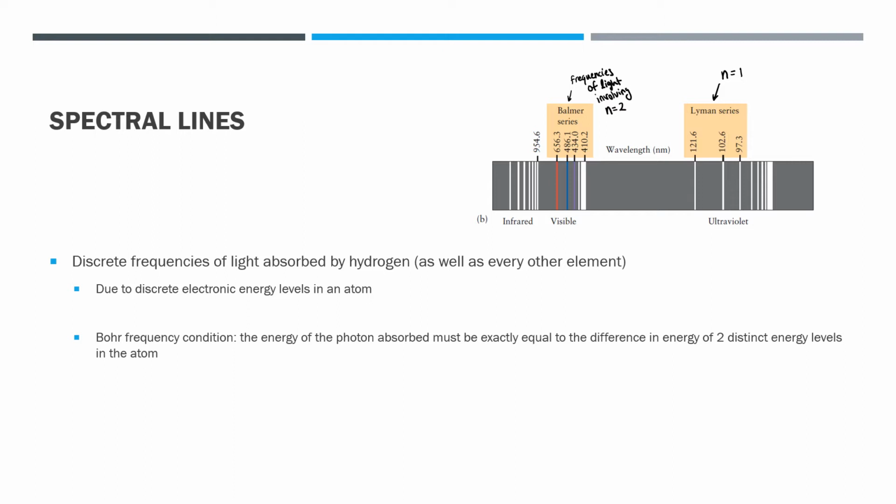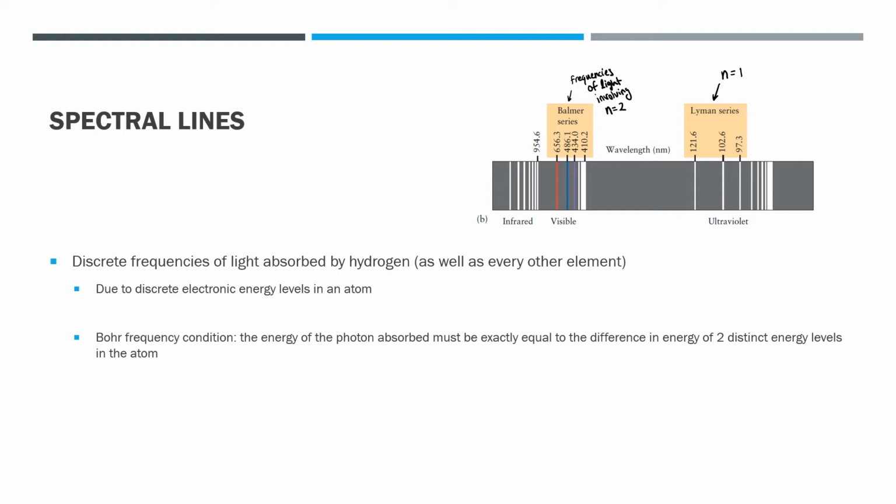Basically, the Balmer series arises from frequencies of light that are either absorbed or emitted by coming to the n equals 2 state of the atom. The Lyman series are frequencies of light that have to do with the n equals 1 state of the atom, and I'll talk more about this on the next slide with a picture so that it's easy to wrap your head around.